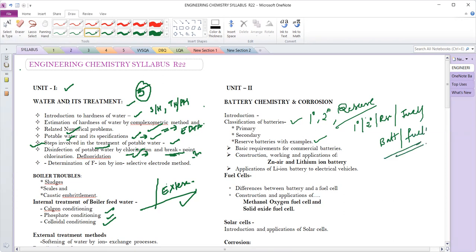Next, coming to another topic, that is the basic requirements for commercial batteries. Basic requirements means what exactly is expected from any battery. Everything before its design will have some expectations, right?